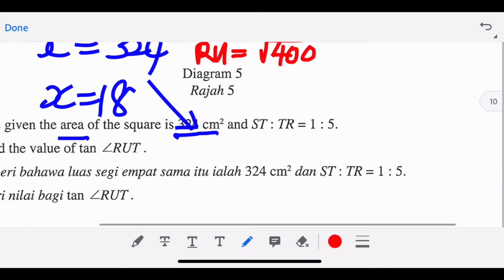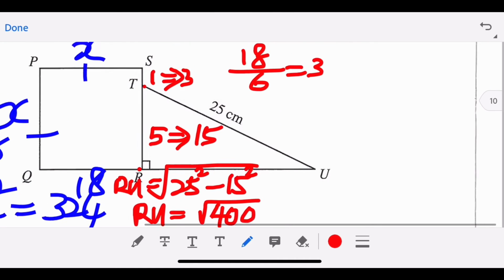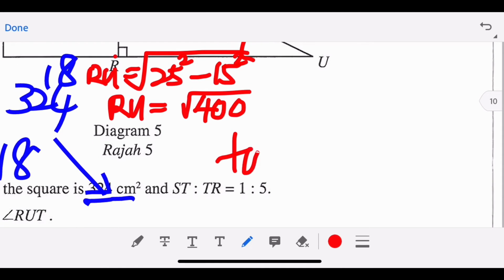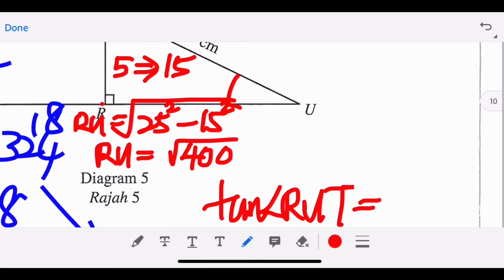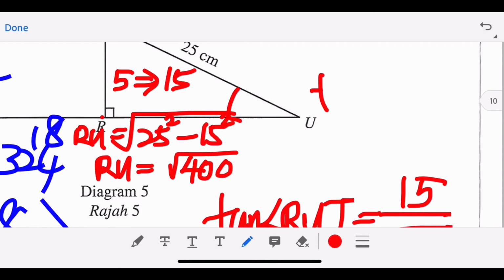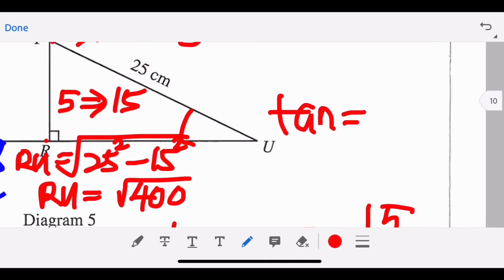Alright, we want to find tangent of angle RUT, and tangent is TOA, opposite over adjacent.